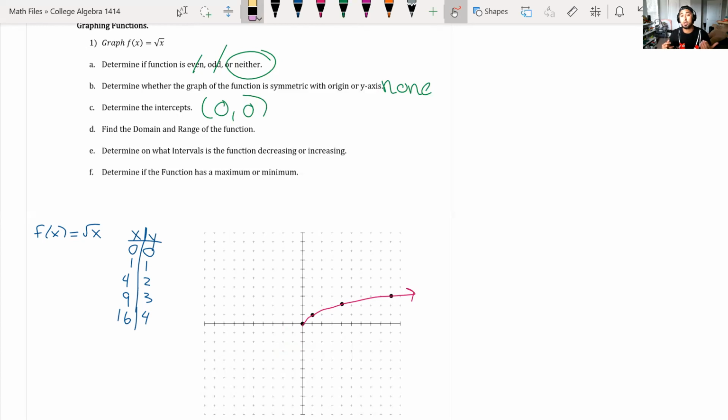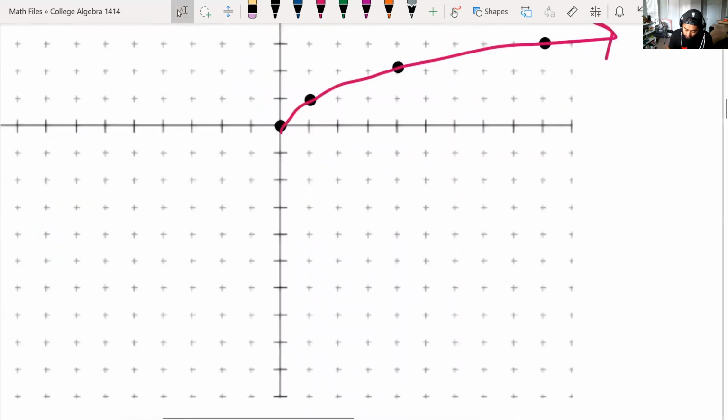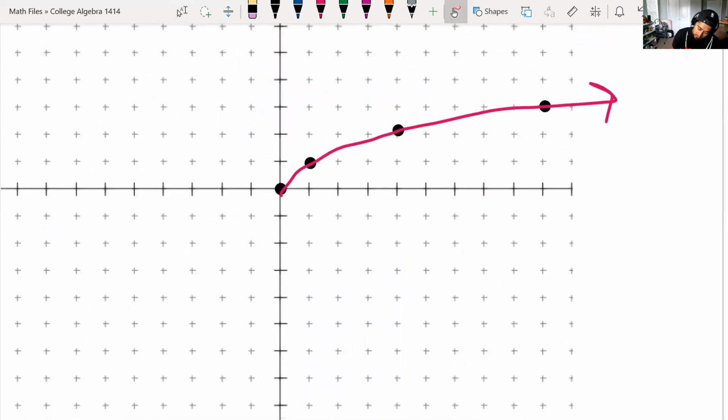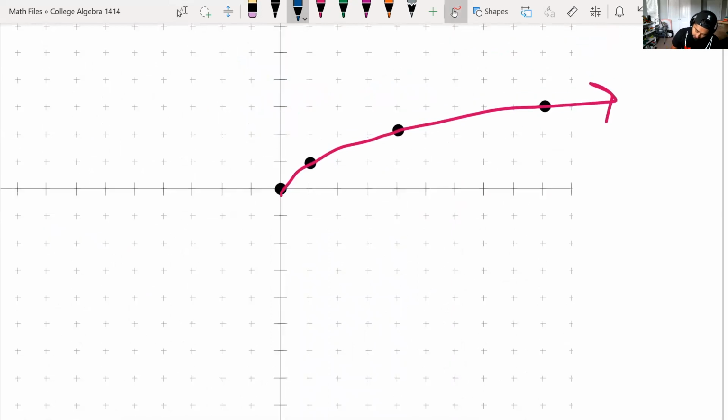And then next says, what is the domain and range of the function? We'll look at your domain first, right? And I'll put that down here. So let's zoom in. All right. So for my domain, we see that, and remember, domain deals with x values. So we see that the first x value we start at is at 0, 0.